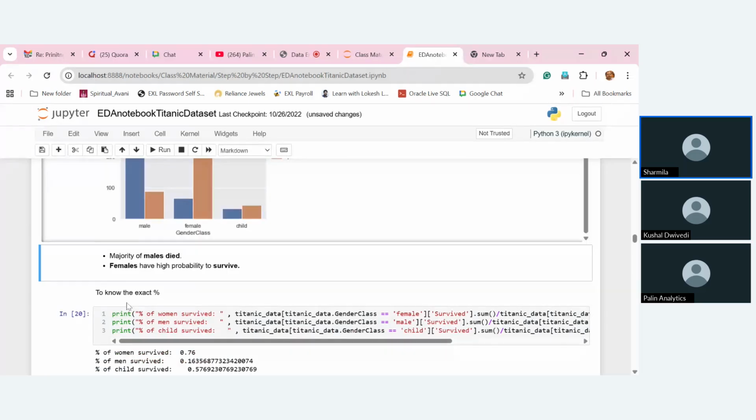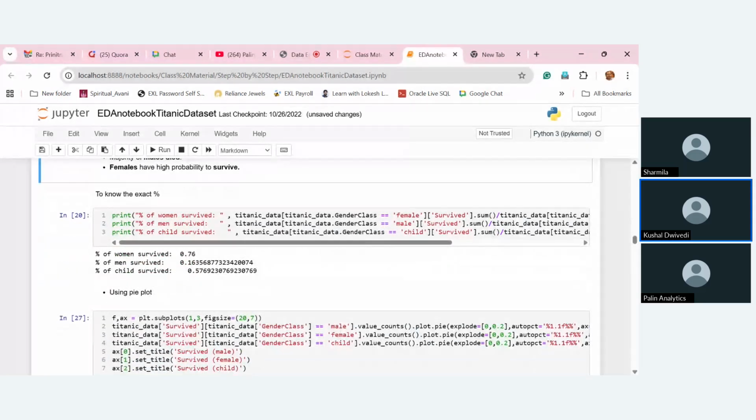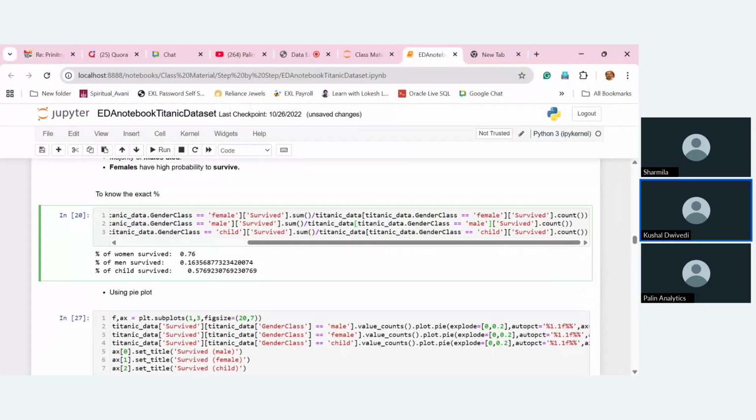Now, the next thing is we are comparing the percentage of survival for men, women, and children. So what we are doing is basically the sum of who survived divided by the total count in female.